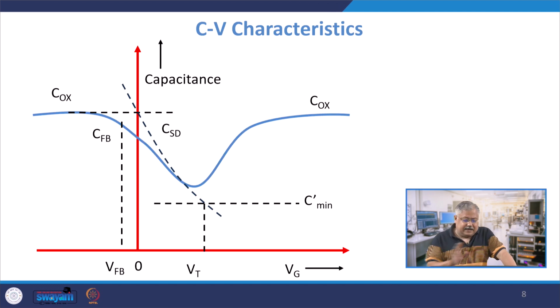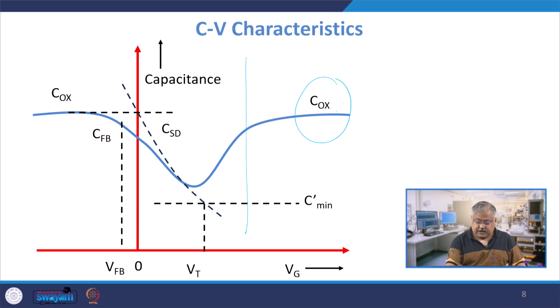Okay, this is my last slide for this talk, and I will just quickly go through it, and then we will discuss it later when we come back in the next class. So I am now plotting capacitance versus voltage. We have understood threshold voltage, we have understood transconductance. Now we come to capacitance versus voltage. I will just briefly go through it and then more detail later on.